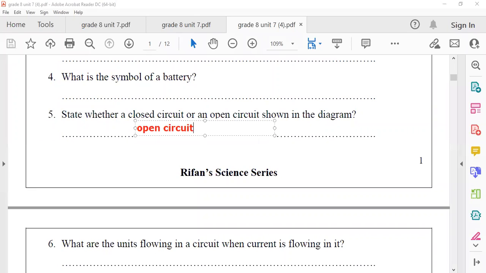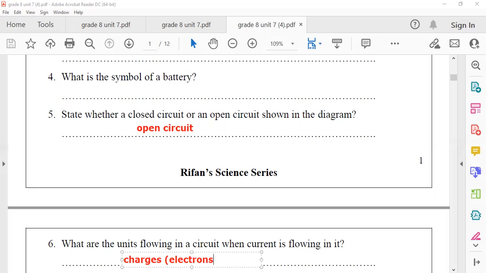Question number 6. What are the units flowing in a circuit when current is flowing in it? Actually, what is flowing in a circuit are charges.